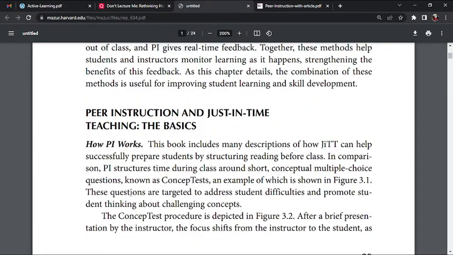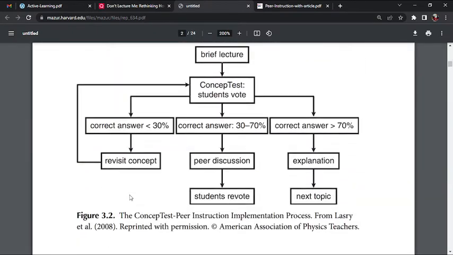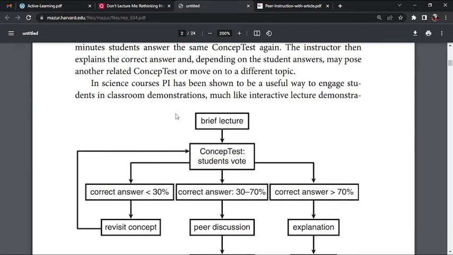So how does peer instruction work? Here, the lecturer gives a brief lecture, then introduces the concept test and students vote, or he asks a question and students answer the question. After the students answer the question, if less than 30% of the students get the correct answer, that is, if 70% get it wrong, then the lecturer will revisit the concept.